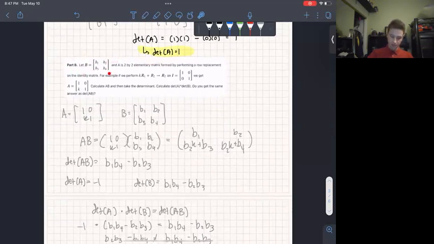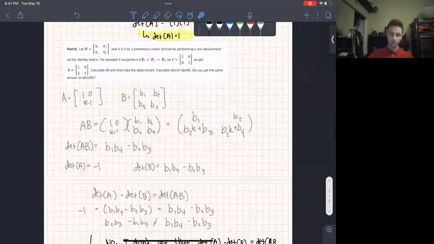Let B equal B1, B2, B3, B4, and A is a 2 by 2 elementary matrix. By this, we show A equals 1, 0, K, 1, and B equals B1, B2, B3, B4. We calculate AB, which is this times that, which gives you this. We find the determinant of this, which equals B1 B4 minus B2 B3.